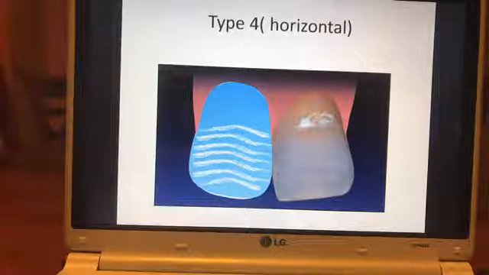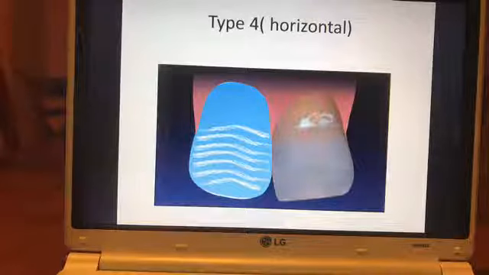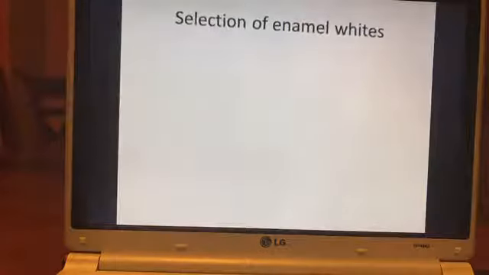Remember, failure to do those enamel whites will end up with a flat restoration, even if you choose the perfect color. Now we are talking about natural oral aesthetics, how you do something that resembles. We cannot do exactly what God created, but we can resemble as much as we can an invisible restoration that you and the patient cannot really see.